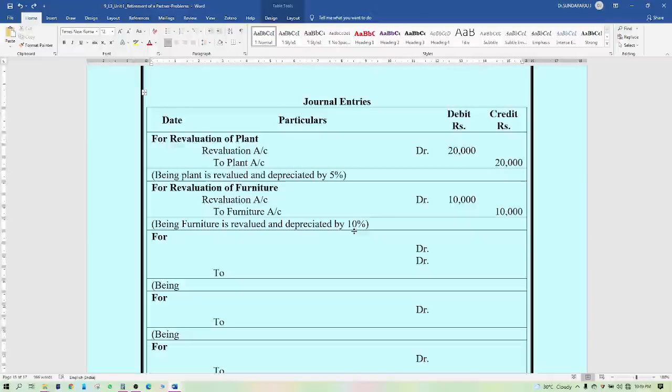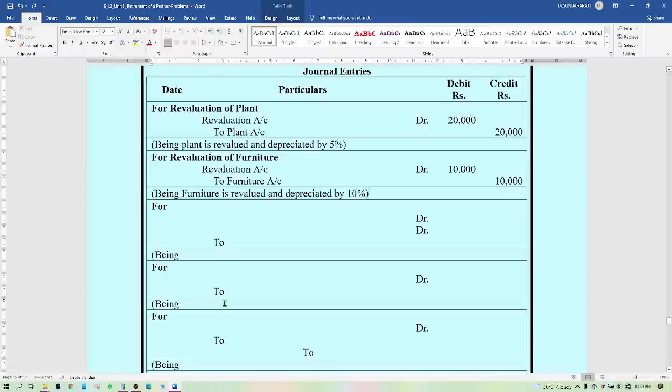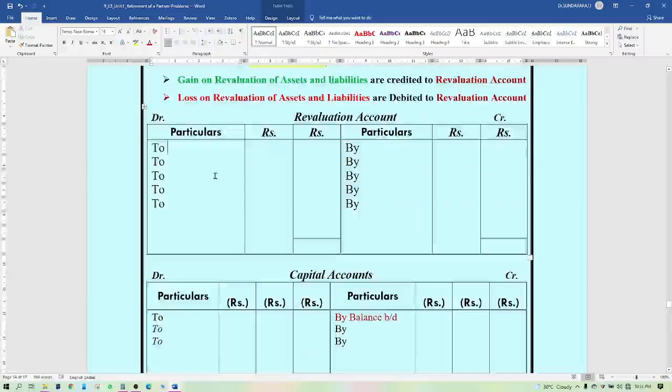Dear friends, now we will prepare a revaluation account and post these two entries in the revaluation account. The first entry is revaluation account debit to plant account, which is to be posted in the revaluation account.